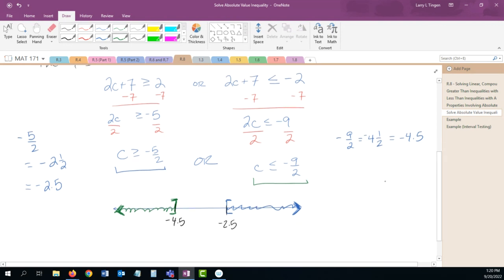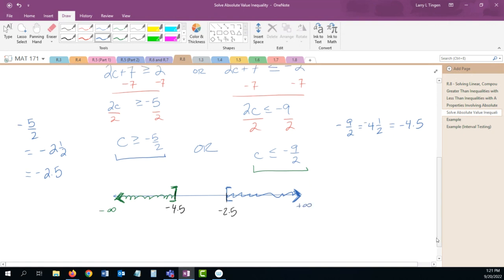So I've got what? Well, I have all the numbers less than negative 4.5. Well, that's negative infinity to negative 4.5. And then I have the negative 2.5 off to positive infinity. So that means my answer is what? Well, negative infinity. Infinities always get a parenthesis because you can never capture infinity, right?